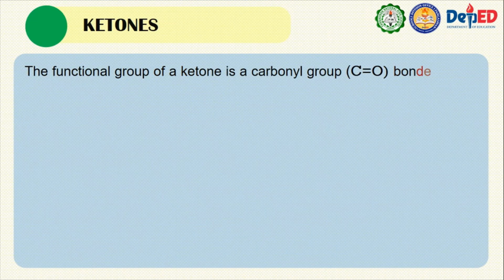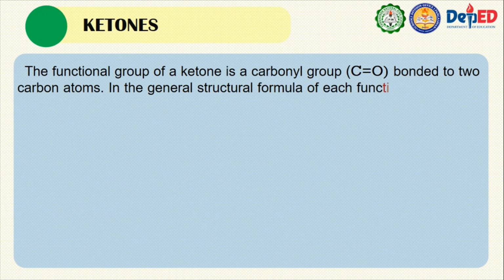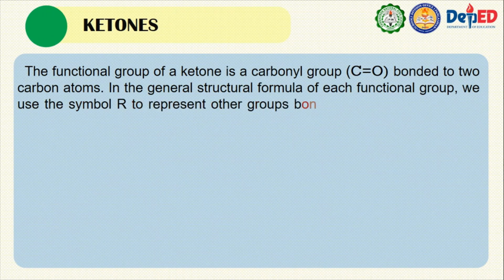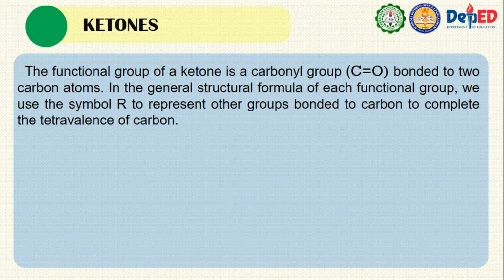Now let's have ketones. The functional group of a ketone is a carbonyl group bonded to two carbon atoms. In the general structural formula of each functional group, we use the symbol R to represent other carbon groups bonded to carbon to complete the tetravalence of carbon.